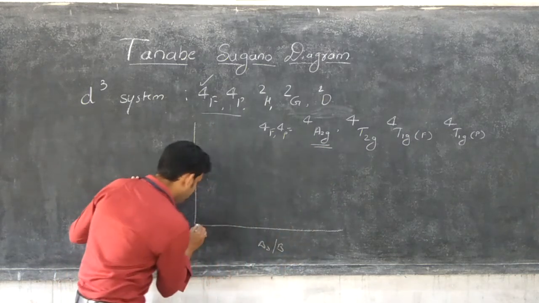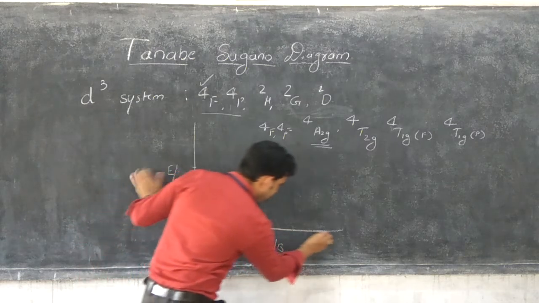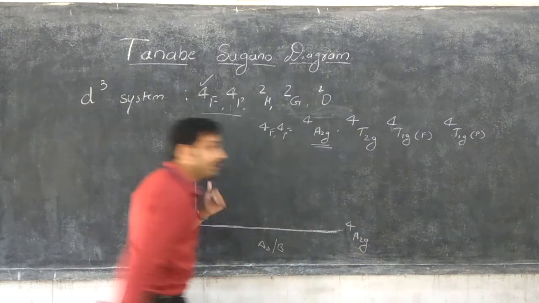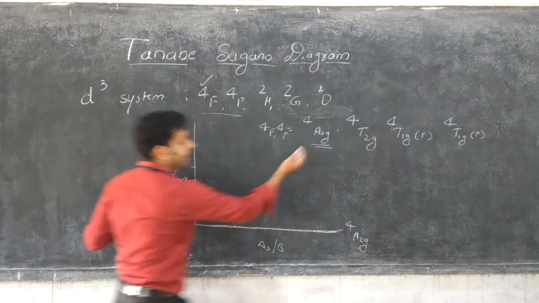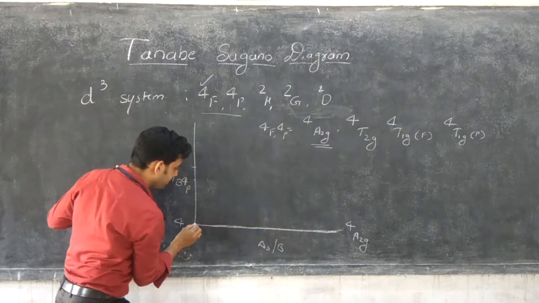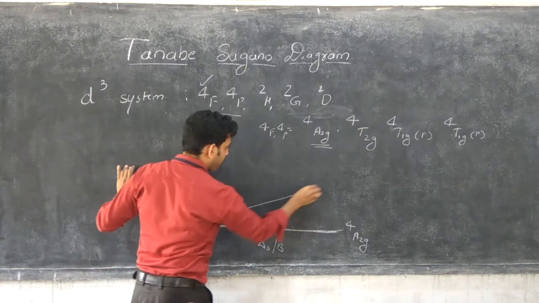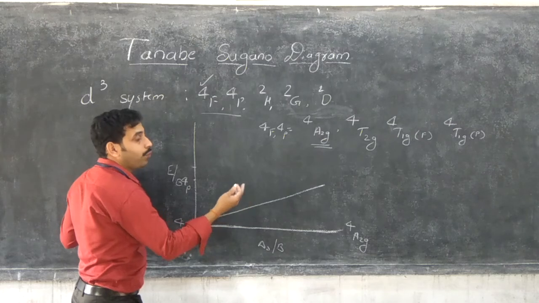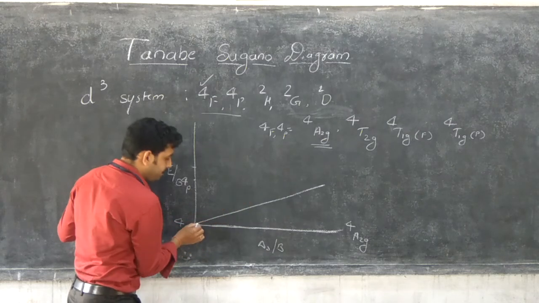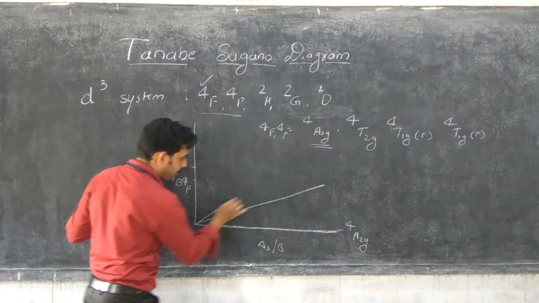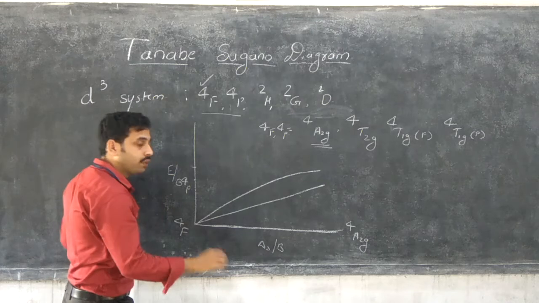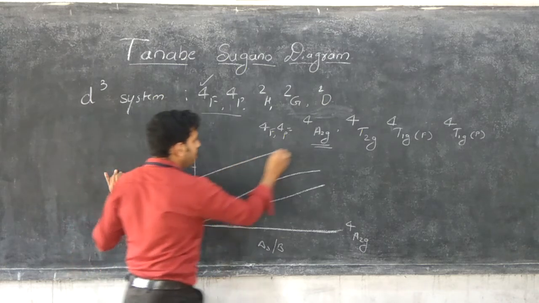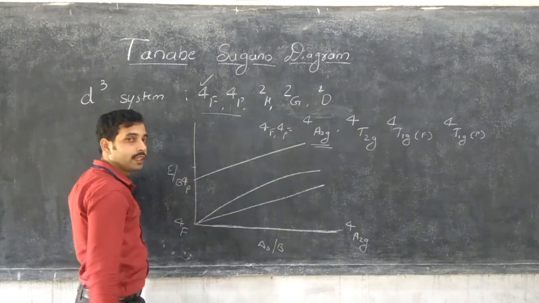That's why the x-axis is the zero term, that is 4A2g. And for other transitions, the next highest energy is 4T2g. Then the next energy term is 4T1g, and the next term is 4T1g of P. Clear?